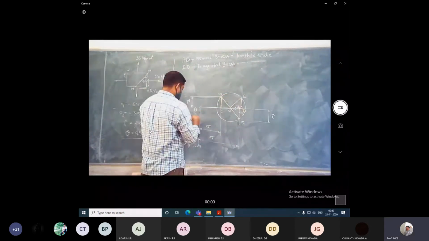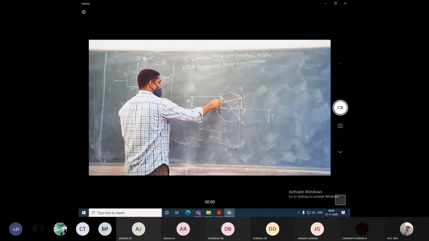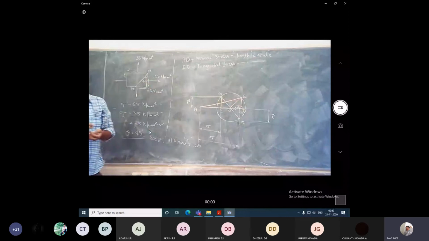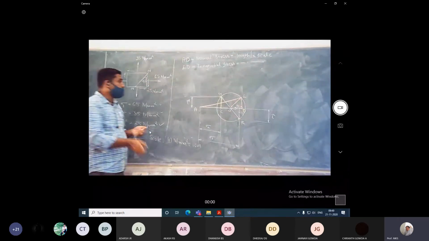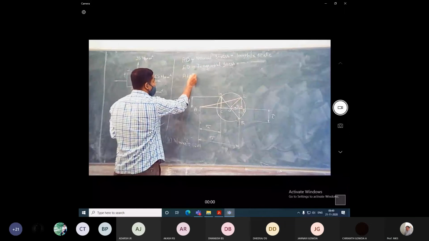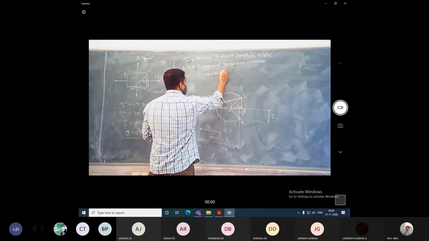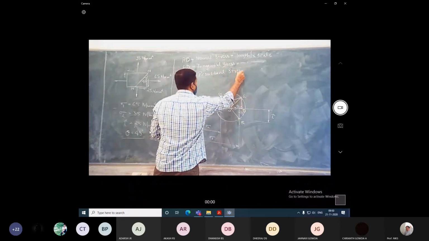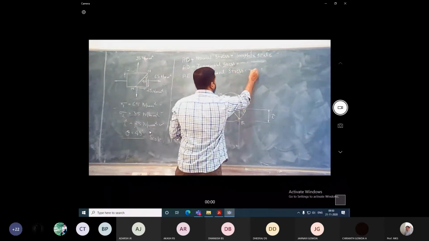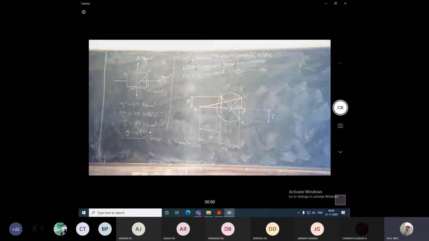Next, if you connect the line E to A, A to E will give you the resultant stress.